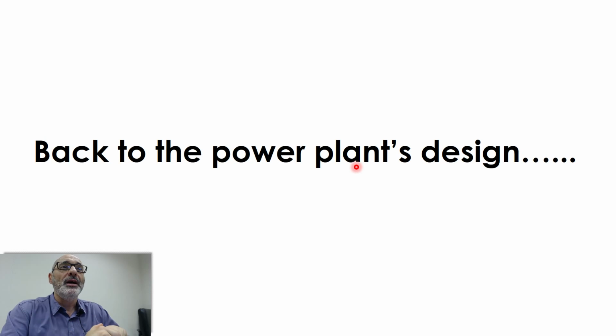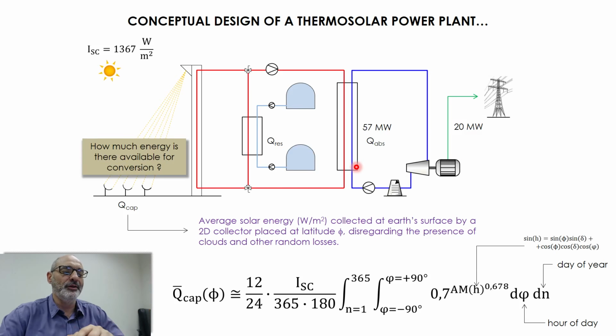So let's come back to our power plant's design. We did this in order to assess the amount of energy that we have available for conversion. Let's just remember things here. We already have a part of the configuration of our power plant.